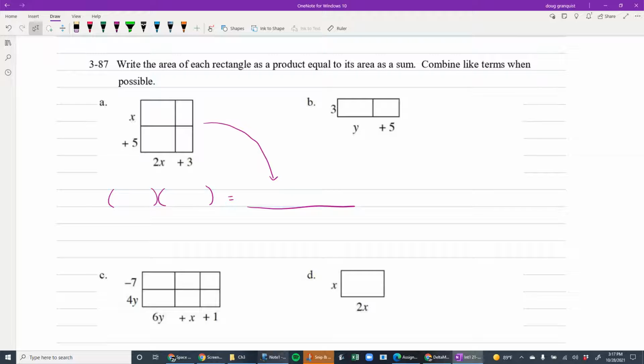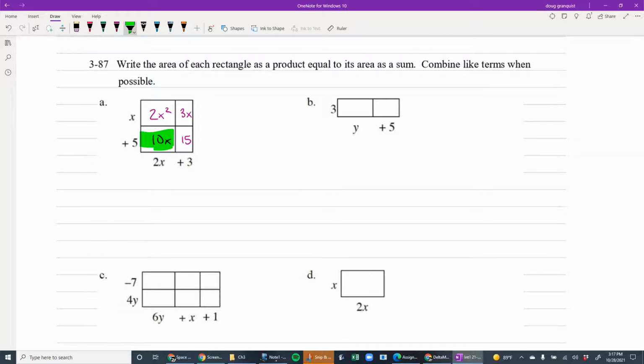All right, welcome back. Let's see what we get as we multiply these all together. Multiplying these two, we get 2x squared. Multiplying these two, we get 10x. These two, we get 15. And those two, we get 3x.